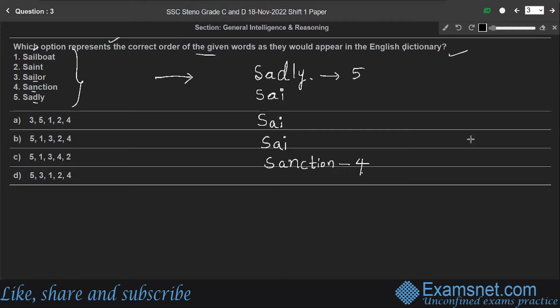So among the 3, Saint, sailboat, and sailor, we'll focus on the 4th letter. We have L as the 4th letter in sailboat, and N as the 4th letter in sailor. So here L comes before N. Then comes sailboat.